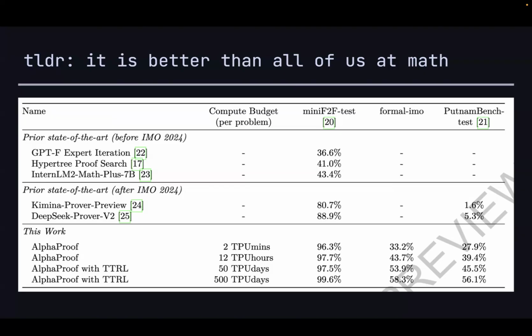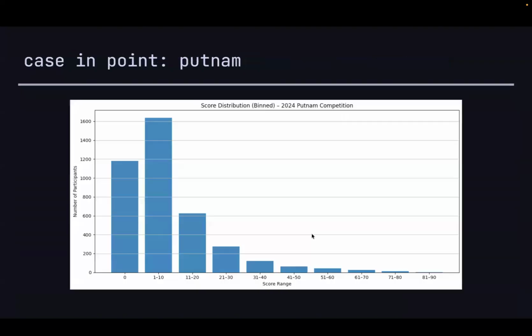It's extremely unlikely, and if you look up a Putnam problem, it's extremely hard. So it's pretty safe to say that at competition math, it is better than basically all of us, and that's with 500 TPU days. We'll get into that later.